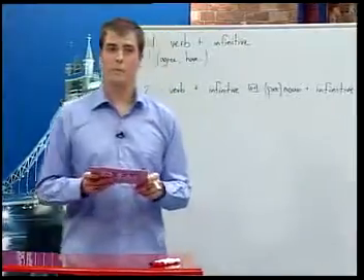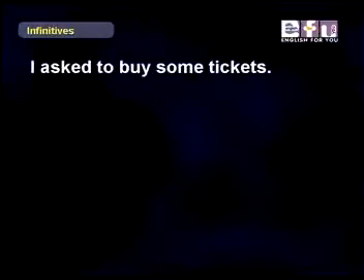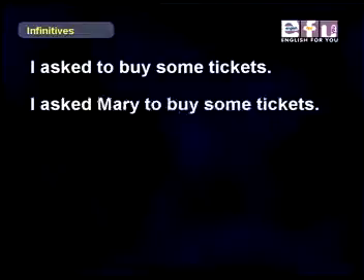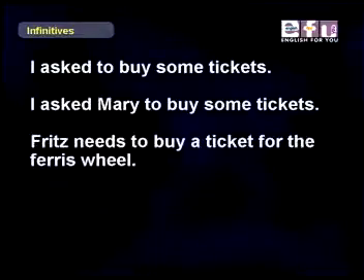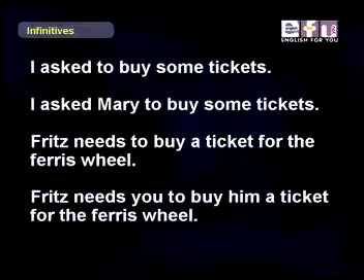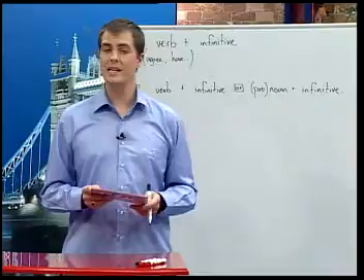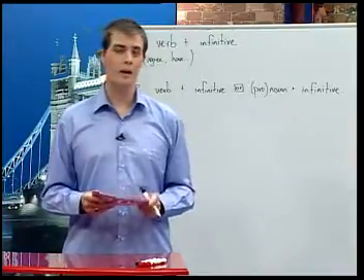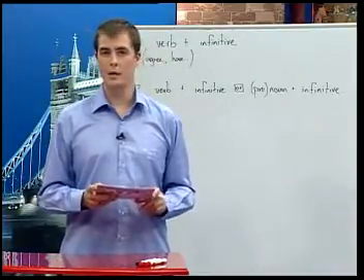For example, I asked to buy some tickets. I asked Mary to buy some tickets. Fritz needs to buy a ticket for the Ferris wheel. Fritz needs you to buy him a ticket for the Ferris wheel. So in these sentences, a pronoun or a noun may or may not be used.